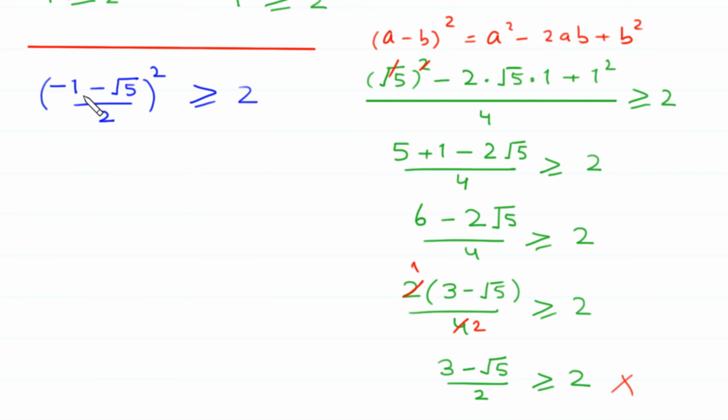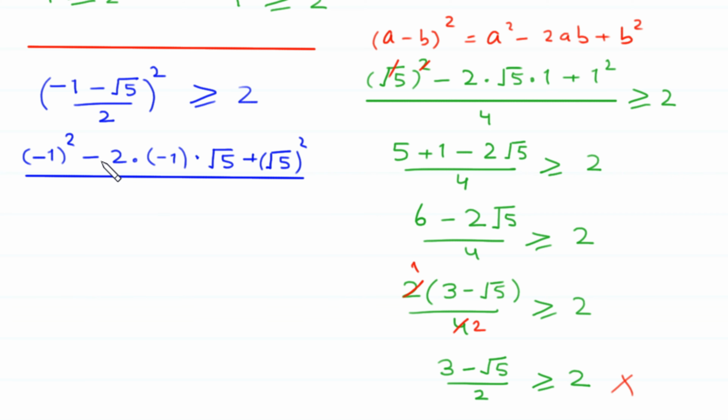This negative 1 minus square root of 5 whole square is equal to negative 1 square minus 2 times negative 1 times square root of 5 plus square root of 5 square, divided by the square of this 2, which is 4, and this expression is greater than or equal to 2.